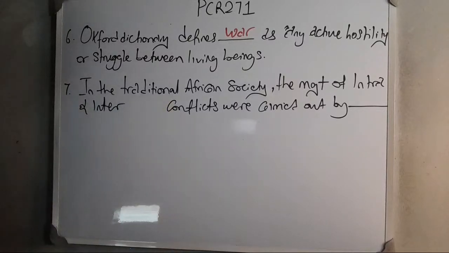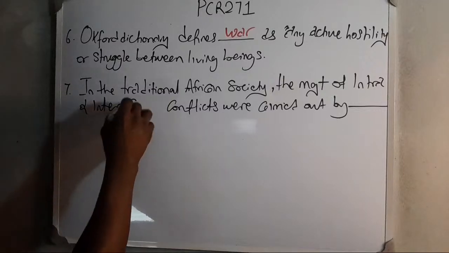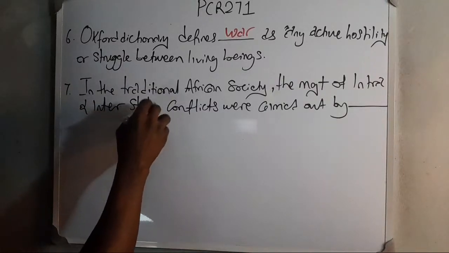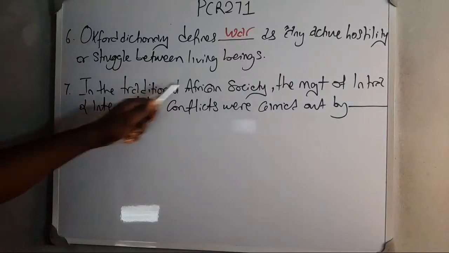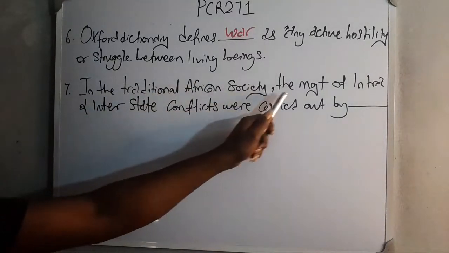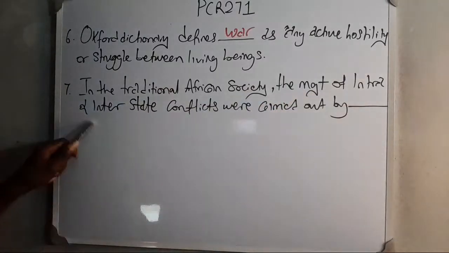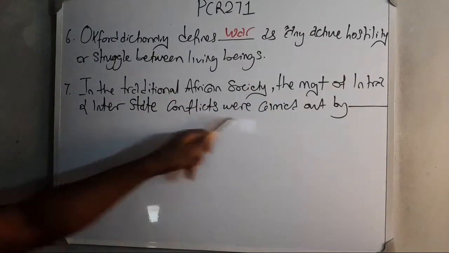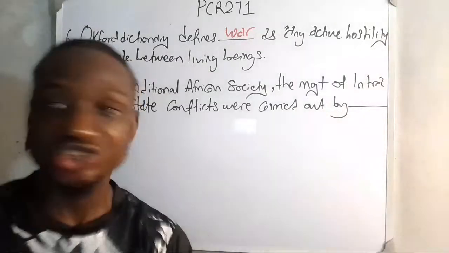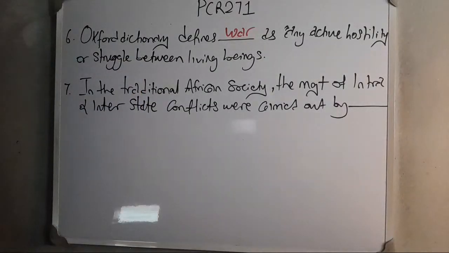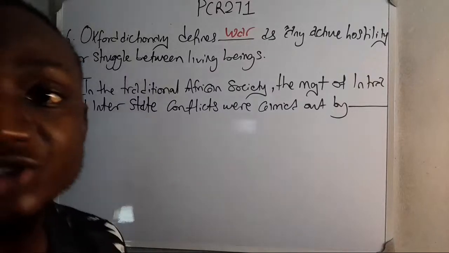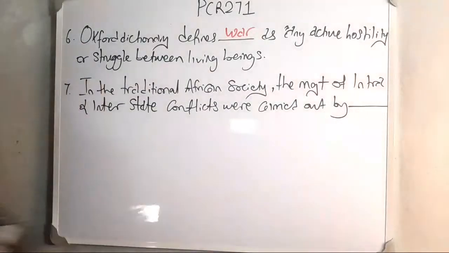So please let's provide an answer to this. In the traditional African society, the management of intra and interstate conflict were carried out by dash. Okay, let's use the comment section and please provide an answer to this.